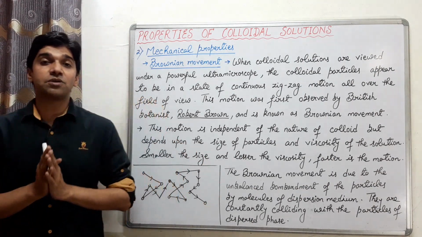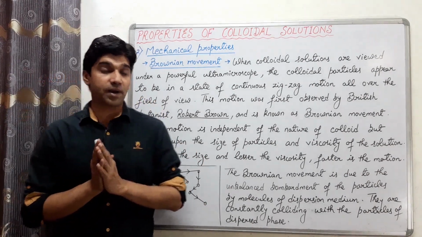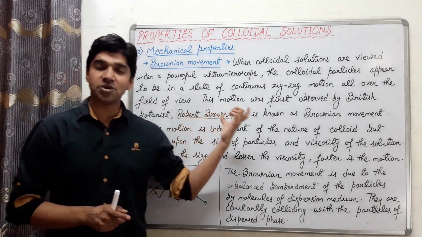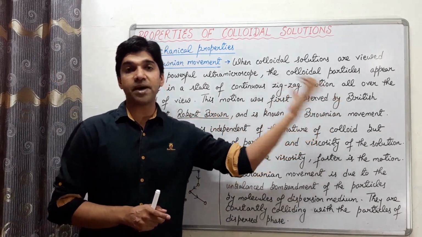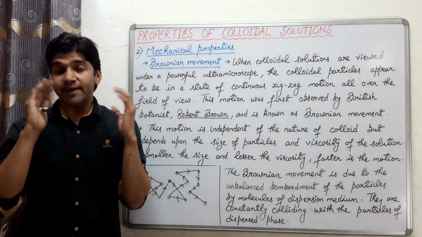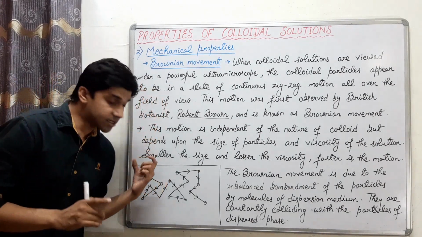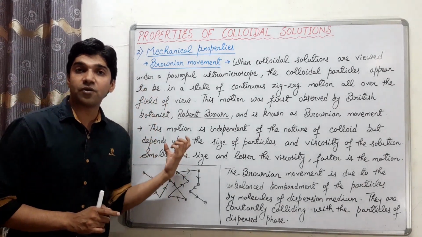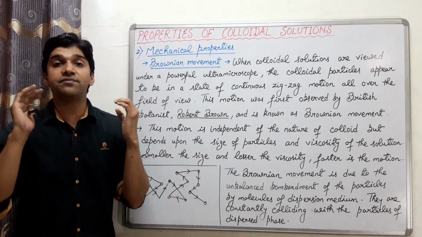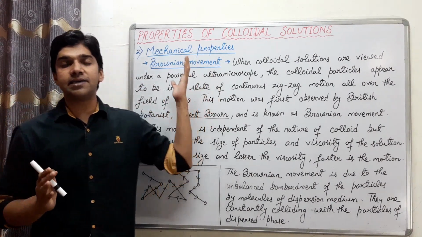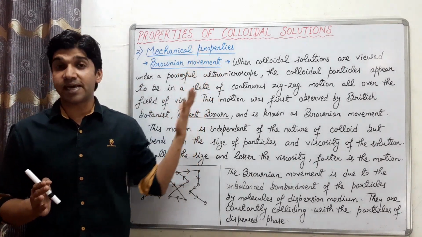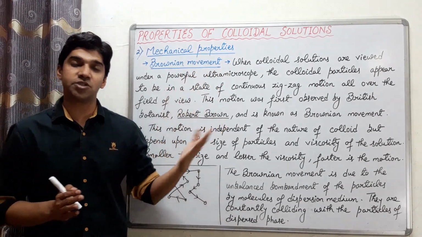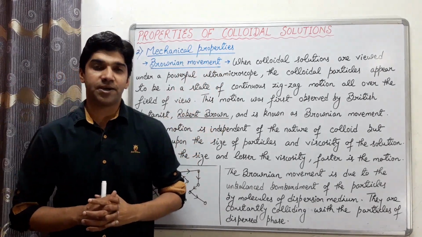And as this motion was first observed by Robert Brown, it is called Brownian movement. तो डिफाइन कैसे करेंगे? The continuous zigzag motion of colloidal particles when viewed under an ultramicroscope, that motion is called Brownian movement.